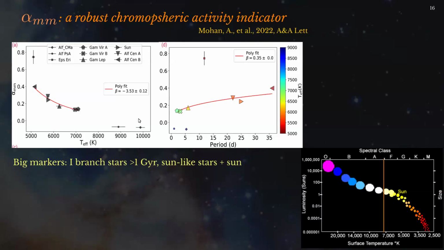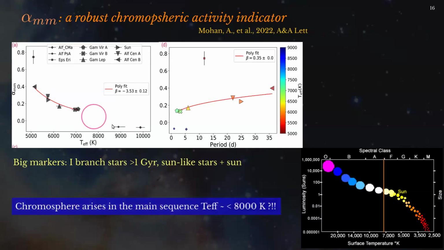And what you see is these are the A dwarfs, and they have negative alpha mm, which is that dipping thing. So there is no active atmosphere. Above 0 is where all the activity should start, right? Where it starts heating up. So we find that you can get a nice trend with alpha mm and T effective, and somewhere around 8000 Kelvin is where all this activity which we are worrying about starts in the main sequence.